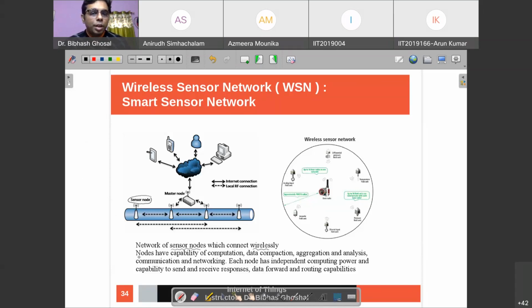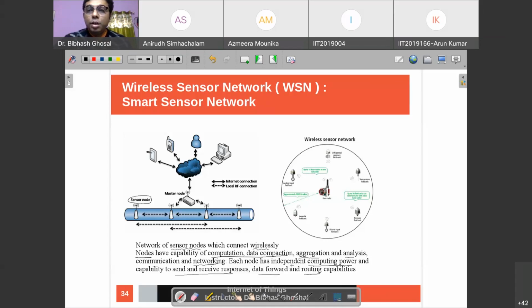Now, as we are talking about sensor nodes, the nodes have the capability of computation, data compaction, which means you can reduce the data size, aggregation, and analysis. So they are not merely physical devices that only capture data. There's more than that. They run some basic algorithms, they can perform some analysis and can also communicate. These are called wireless nodes. And each node has an independent computing power and the capability to send and receive responses, data forwarding, and routing.